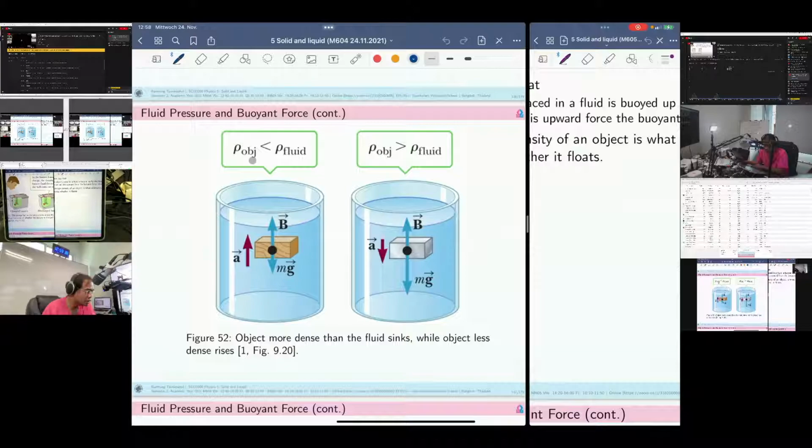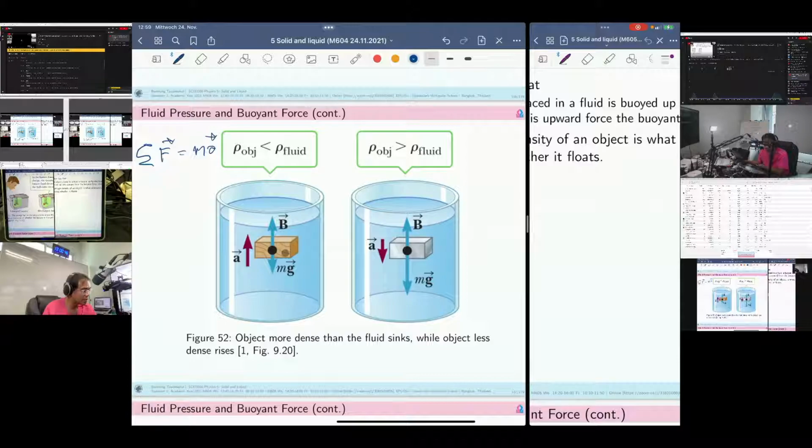And in this case, because the fluid is more dense than the object, we would have a greater buoyant force than the weight of that object. So after we put two forces into the left hand side of this equation, we would have the acceleration outcome in the upward direction like this. And we would see that finally this object is going to move up and float on the surface of this liquid. And that's the first experiment.